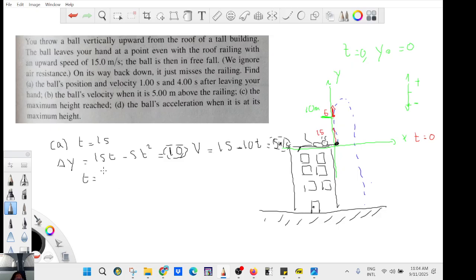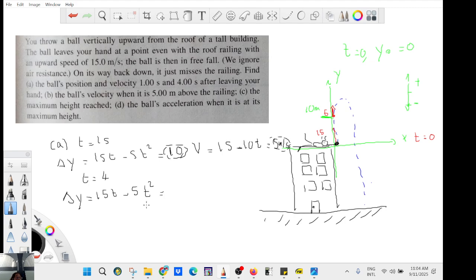So t equals 4 now. So delta y equals 15t, so 15 times 4 minus 5t squared. And you get, so the book will say 9.8. Why? I don't want to make my life complicated.